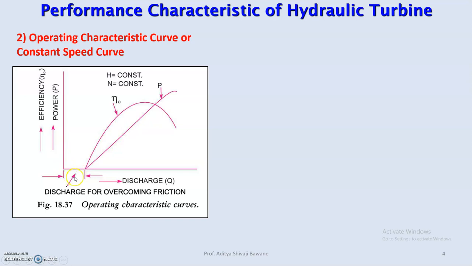So this is, I can say, overcoming friction loss. And if you see this, as discharge increases, efficiency will increase to a certain value and then it will again decrease. Similarly, as discharge increases, power will continuously go on increasing, but we have a limitation on discharge, so ultimately a limitation on power produced.